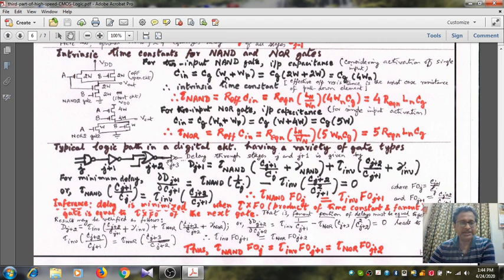Now here we assume that suppose in the fourth stage there is an inverter. So Cj plus 3 is nothing but the input capacitance of the inverter. So if you consider the inverter followed by the NOR gate, it will become Dj plus 2 equals tau of inverter into Cj plus 2 upon Cj plus 1 plus gamma inverter, plus tau of NOR into Cj plus 3 upon Cj plus 2 plus gamma of NOR.